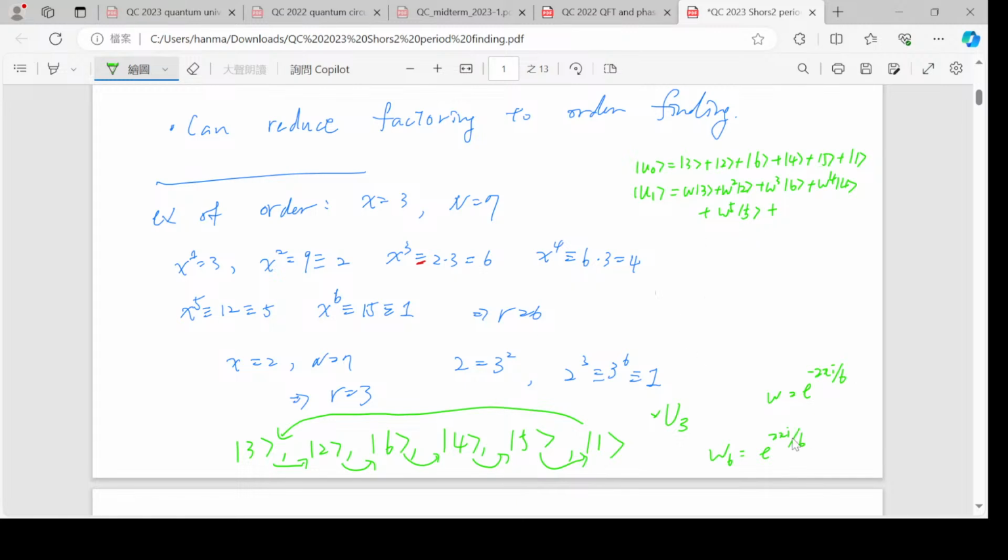But omega to the 6 is 1, and so plus 1. And then we have U2 equal to omega squared times 3 plus omega to the 4 times 2 plus omega to the 6 times 6, and so on. Omega to the 6 is actually 1, and so back to omega squared.